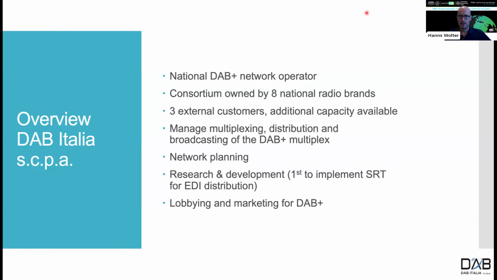We do a lot of things. We own the multiplexers, so we gather all the content from our customers and owners. We do the multiplexing, the distribution, and the broadcasting of all of this.